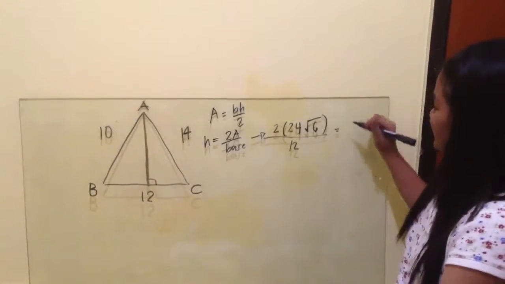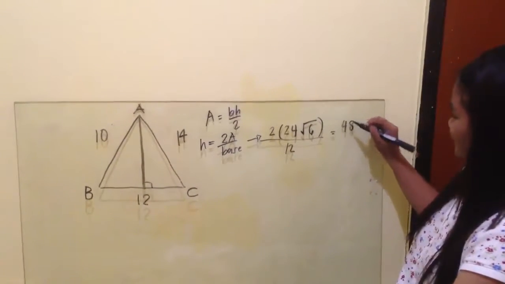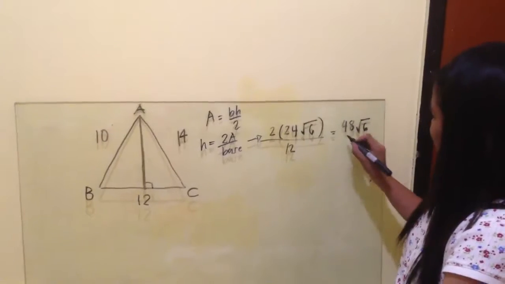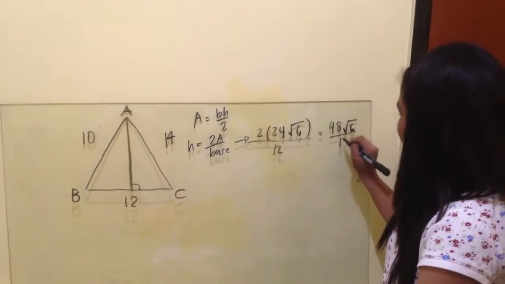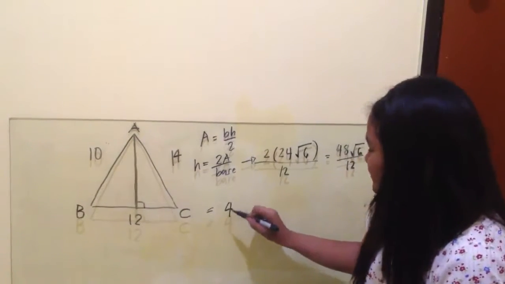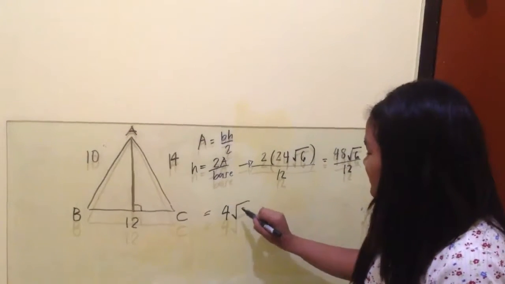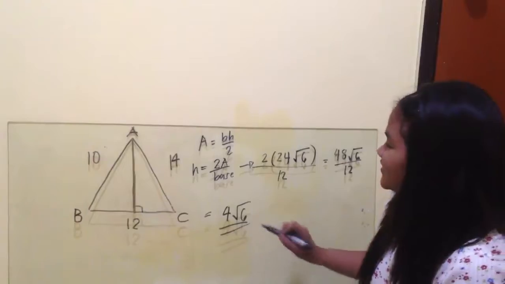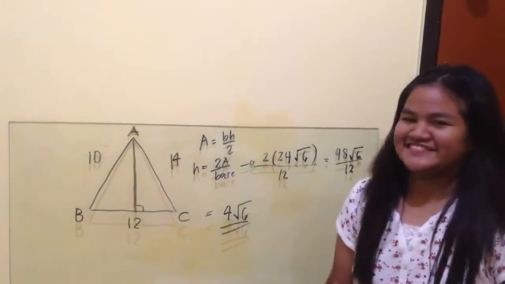So 48 over 12. 48 divided by 12 is 4, so 4 square root of 6. Therefore, this is the height for this triangle.